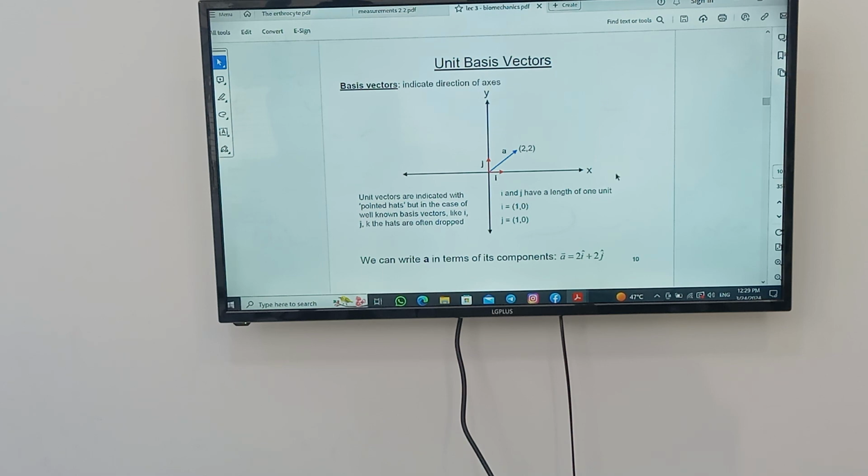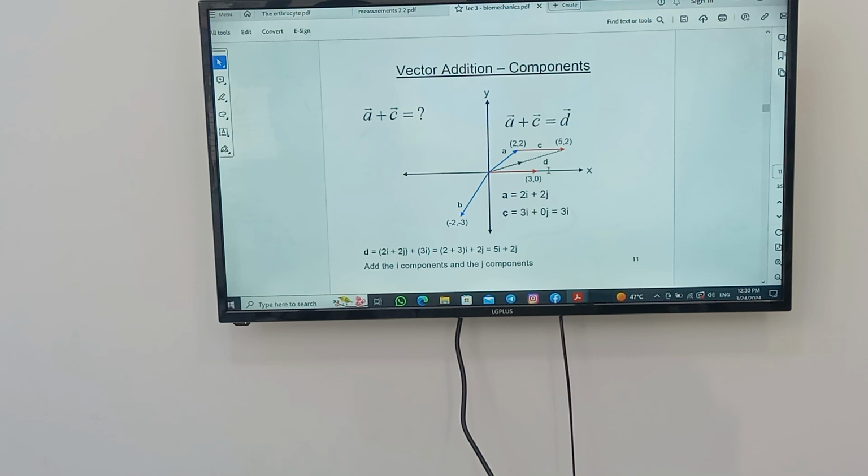The x-axis is called i, and the y-axis is called j. So the distance d is 2i plus 2j plus 3i. We don't add 0 because adding or not adding 0 will give the same result.